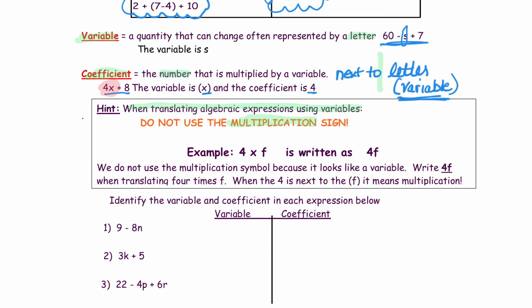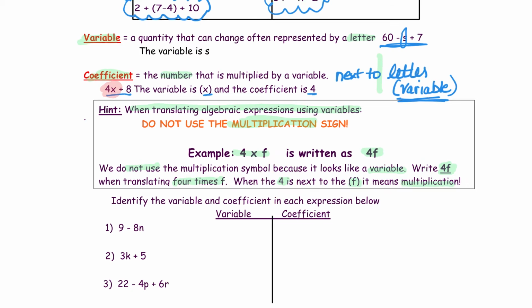Let's look at the example below. It says 4 times f is written as 4f. We do not use the multiplication symbol because it looks like a variable. We write 4f when translating 4 times f. This is going to be part of your homework tonight. When the 4 is next to the f, it means multiplication.